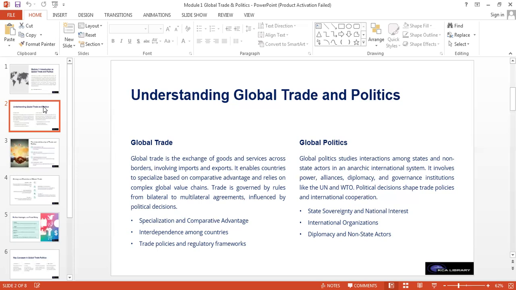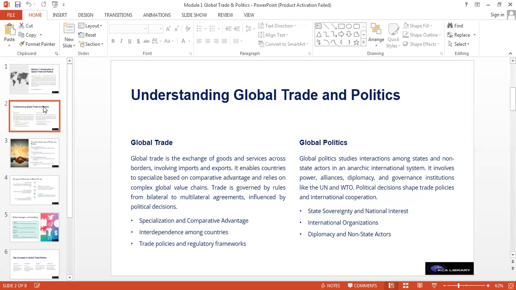And for global politics, we have it to mean that it studies interaction among states and non-state actors in an anarchic international system. It involves power, alliances, diplomacy, and governance institutions.